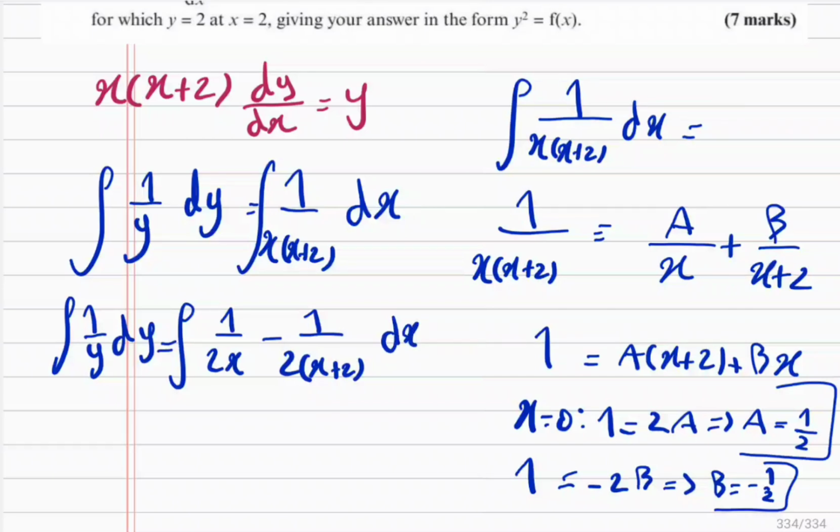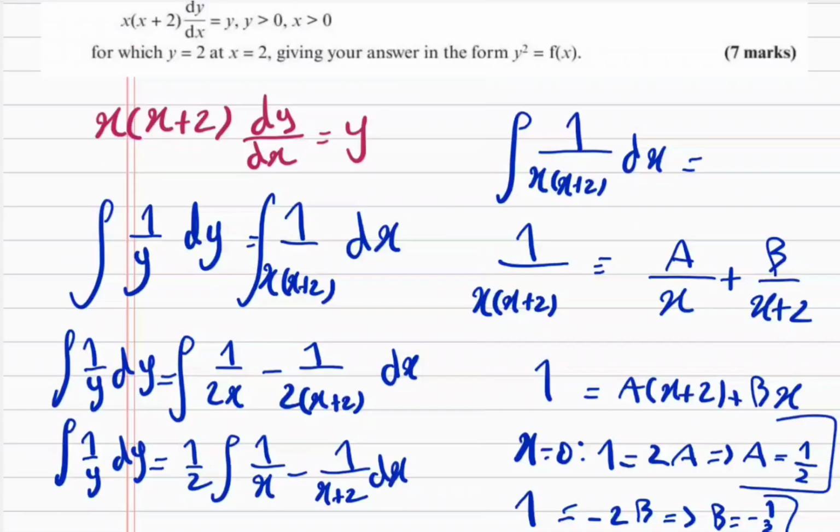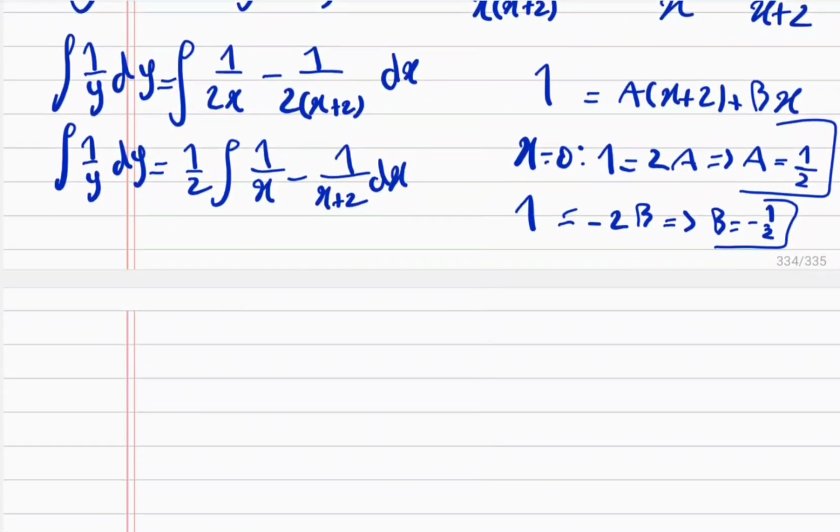Now we can just take a factor of a half so that this becomes simpler. So it will be a half, and then the integral of 1 over x minus 1 over x plus 2 dx.